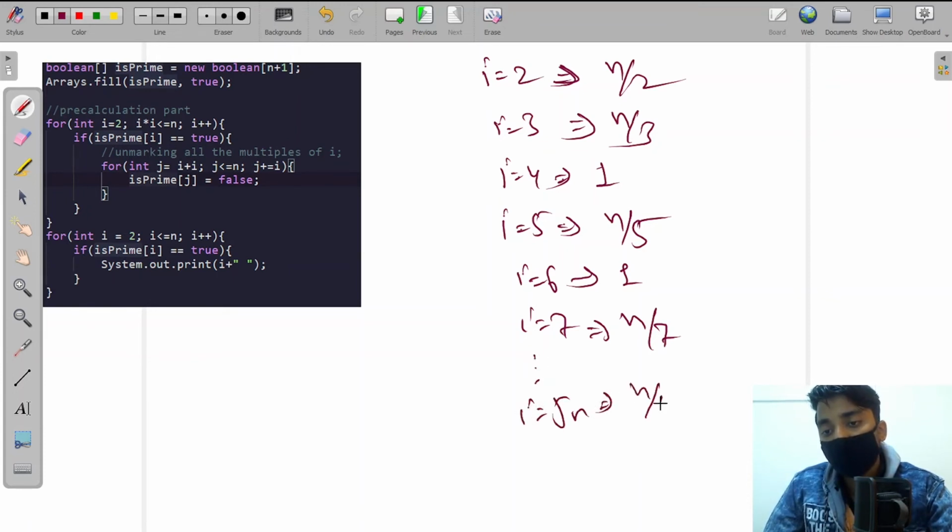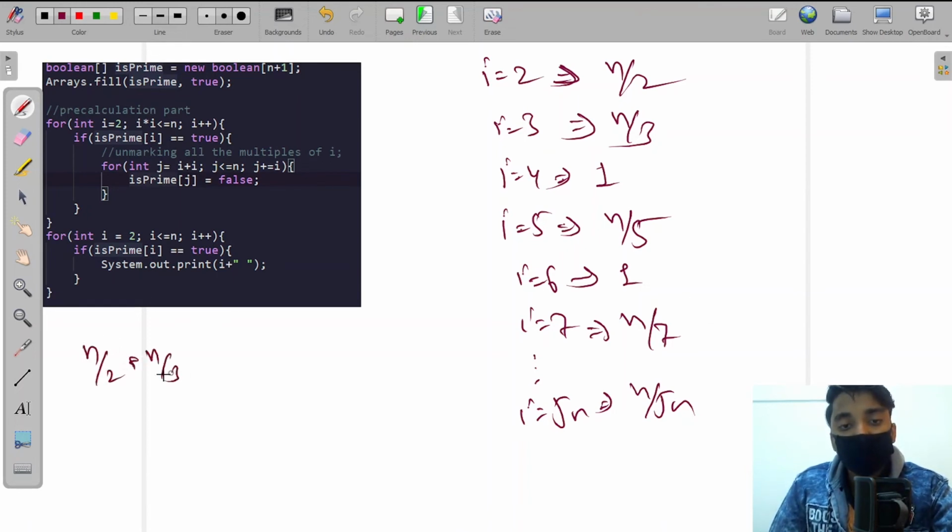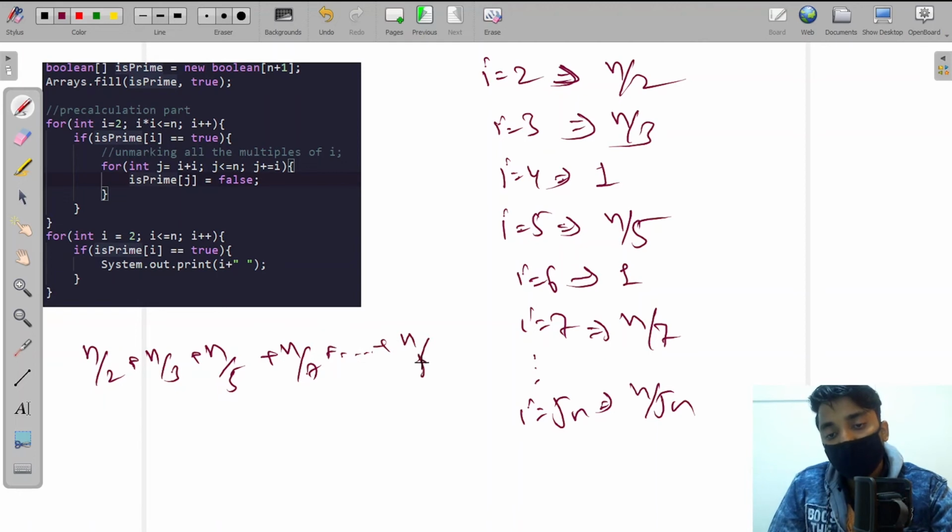It will take n by under root n time. So the time complexity will be n by 2 plus n by 3 plus n by 5 plus n by 7 plus n by under root n.